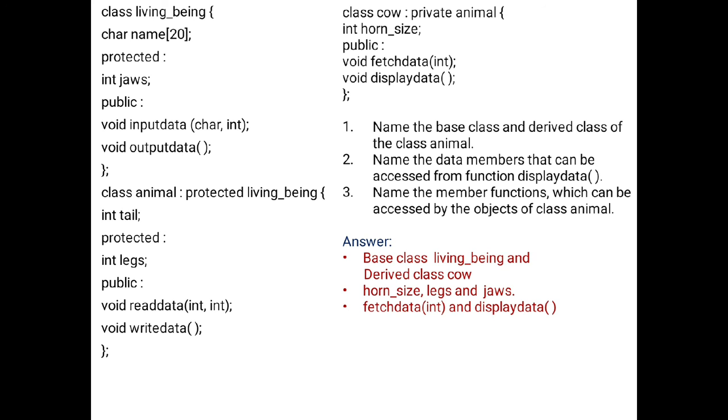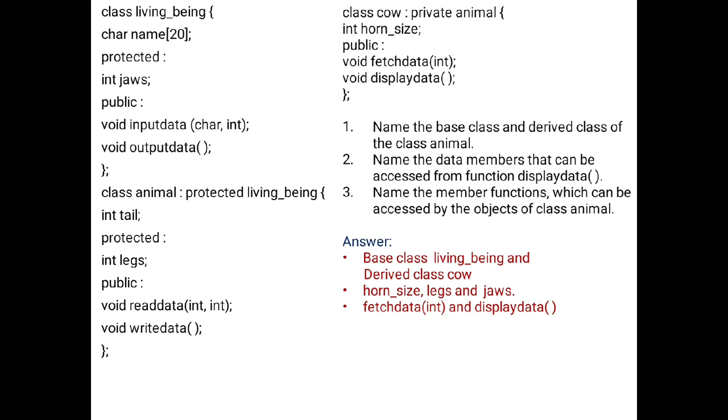So if you have a problem identifying that, then please go back to my videos where I've created tables showing the access specifier table. From there you will understand. So let's come back to the questions.